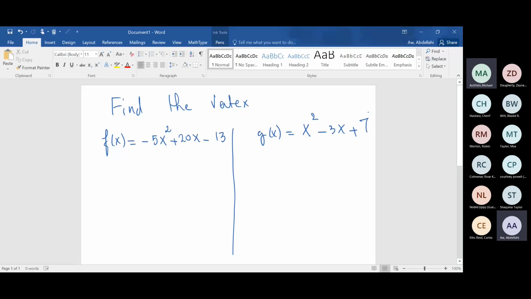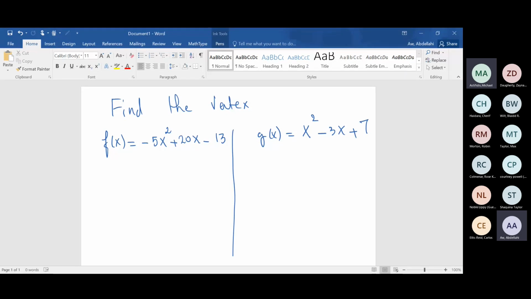Sometimes I let you do this. Find the vertex of these two right there.